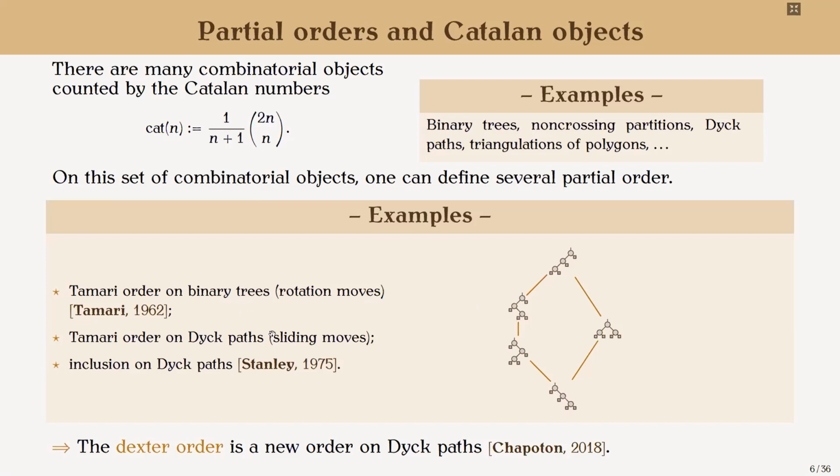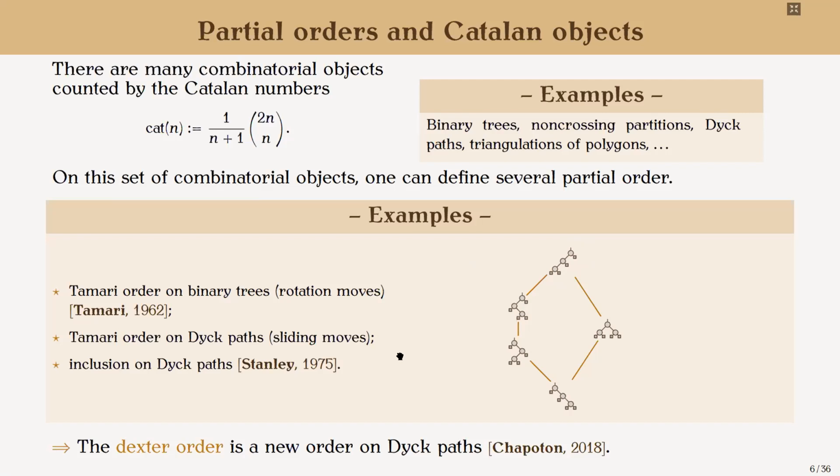This is very equivalent, where this time in this object we define what we call a sliding move to obtain the covering relation. By covering relation, I mean just the direct relation between two elements. We passed from this one to this one, and from this one to this one, just as a direct relation between the elements.